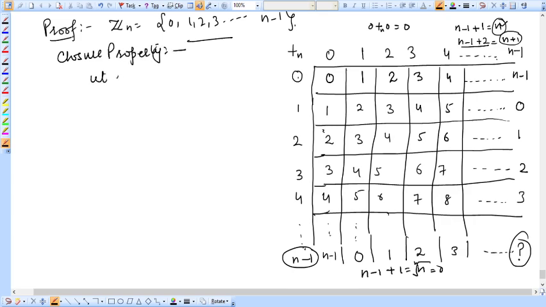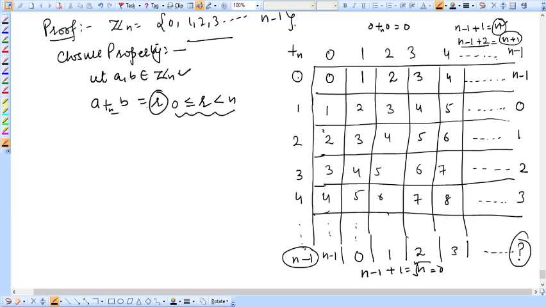Let a, b belong to Zn. We know a addition modulo n b is equal to r, where r is less than n and greater than or equal to 0.